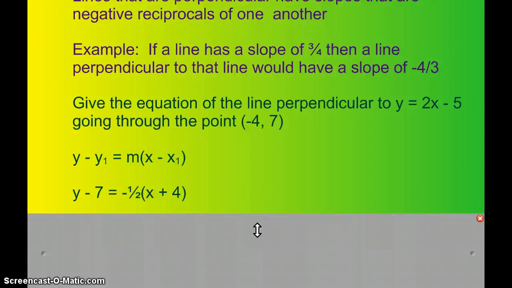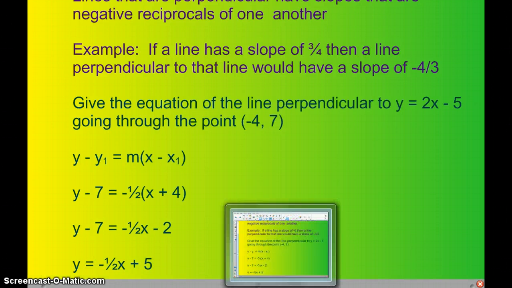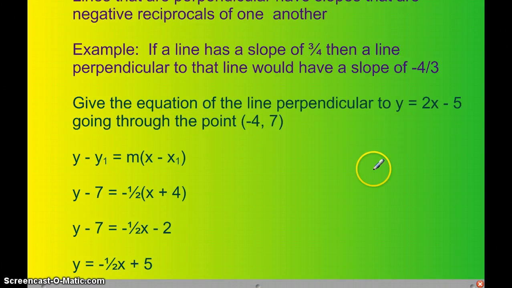So therefore we flip it, giving us 1/2. And our original line had a positive slope, so our new line has to have a negative slope. So we get negative 1/2. And then we plug in the x plus 4 from our point. Now again, same as yesterday. We distribute, and we move the 7 over, giving us y equals negative 1/2 x plus 5.